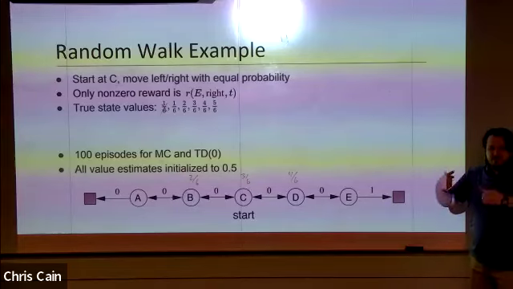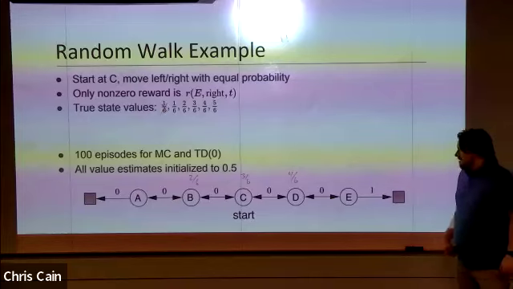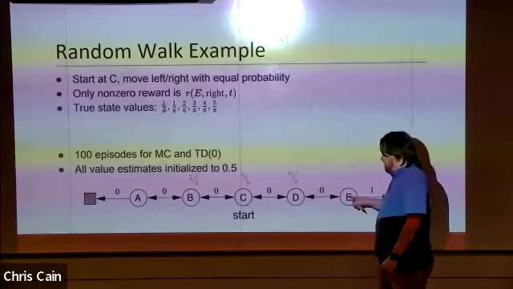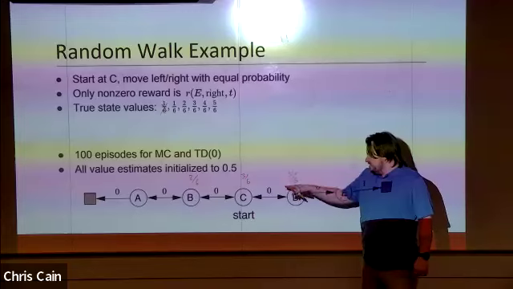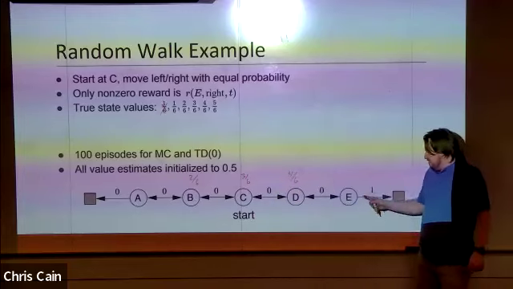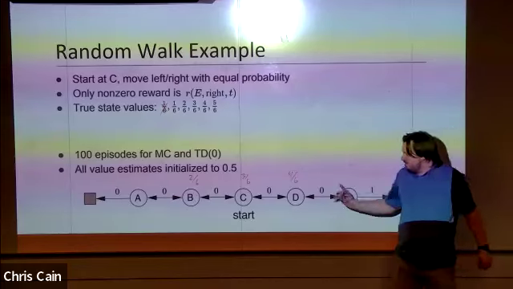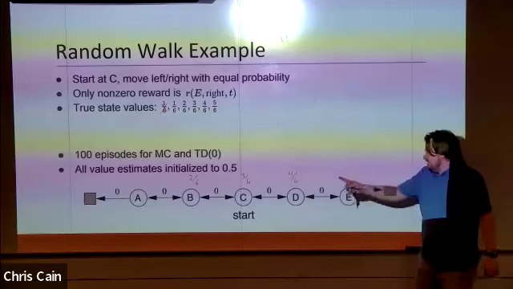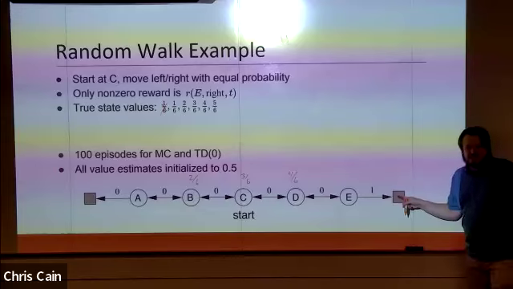But it would take quite a few episodes to really get a sense for this to converge, because maybe starting in E, the very first thing you do is go D, C, B, C, D, C, B, C, B, C, B, A, 0. You're going to have an example of, this was a long episode and it terminated with a reward of 0. Maybe the first thing that A does is B, C, B, C, B, A, B, C, D, E, 1.